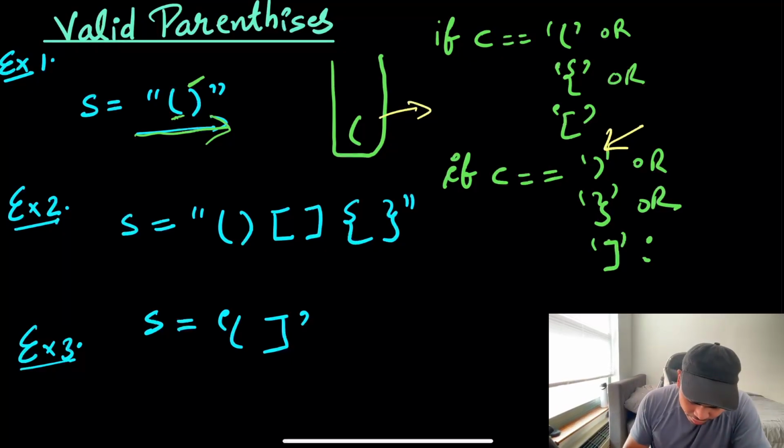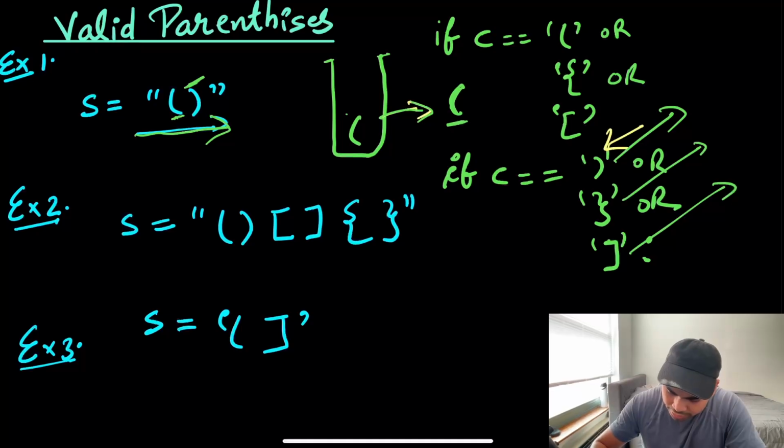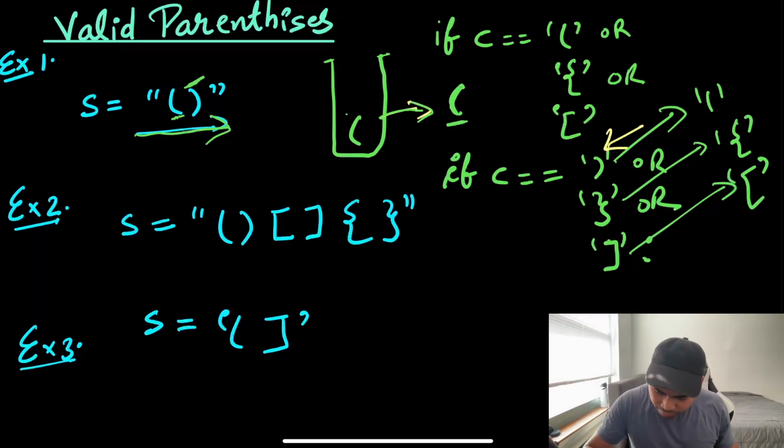But now if I'm seeing this, then I need to check that my stack has some character, and at the same time whatever I pop out from the stack needs to match the corresponding bracket for these characters: for this it's going to be this opening one, for this one a curly opening brace, and for this one an opening square bracket. So this is what I'm actually checking.